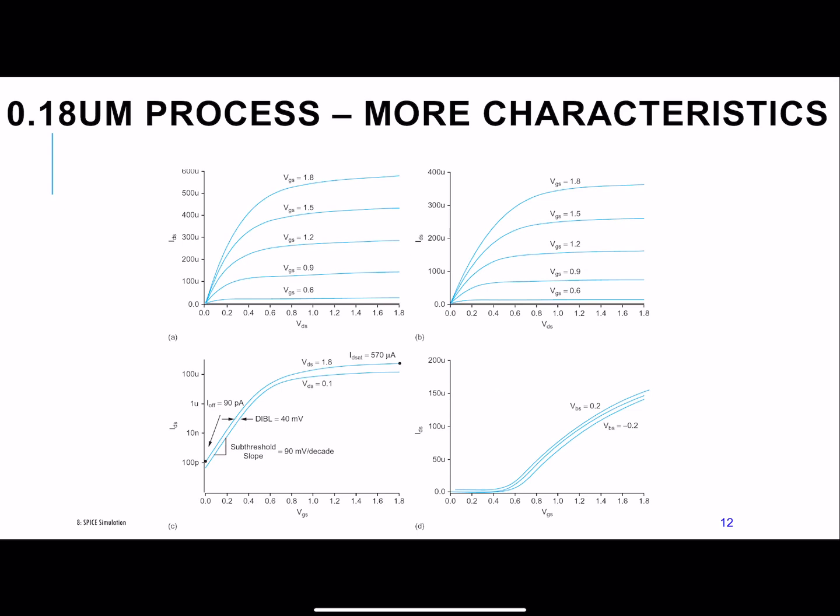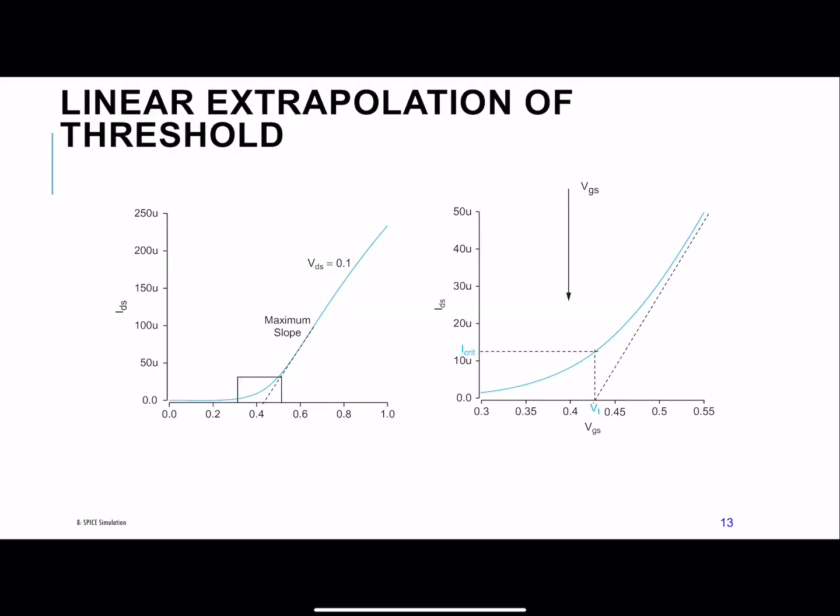Okay, so you can do the IV characteristics using these DC models, and then you can also zoom in to low gate-source values and look at the leakage currents, the off currents, okay? And then this is a plot of IDS versus VGS. Okay, and you can extrapolate the threshold with something like this by looking at where this line is, this is the subthreshold region.